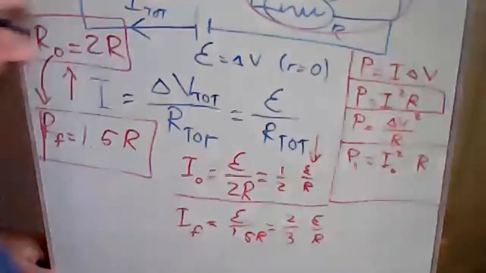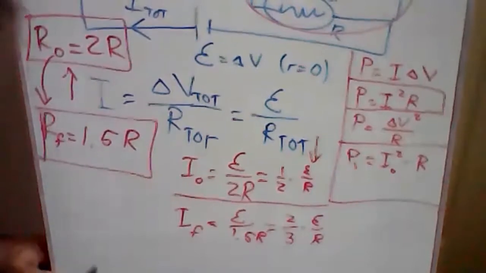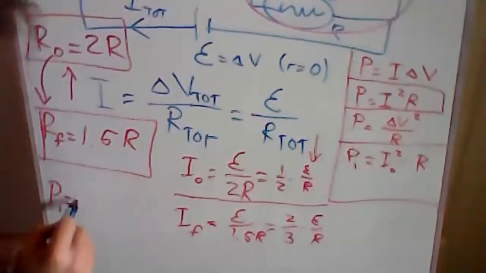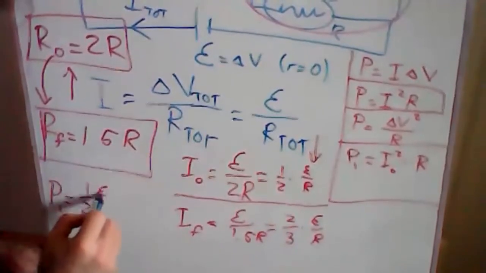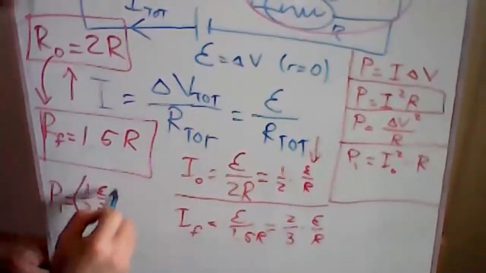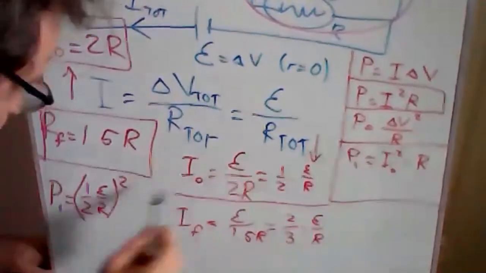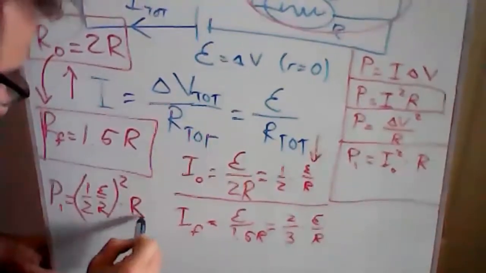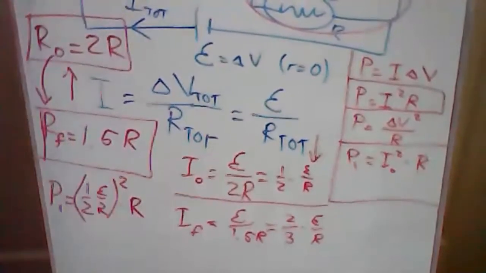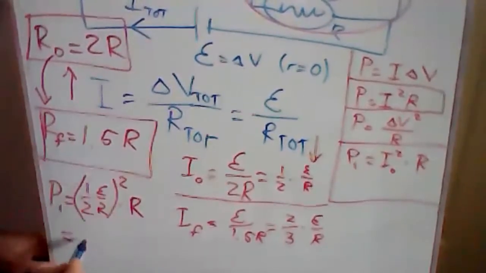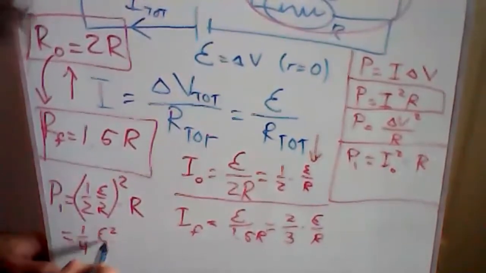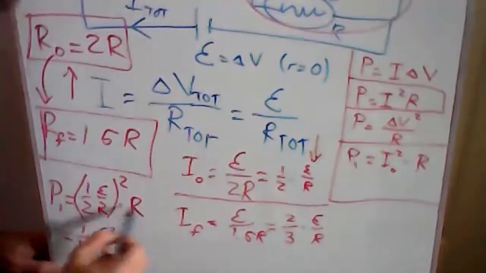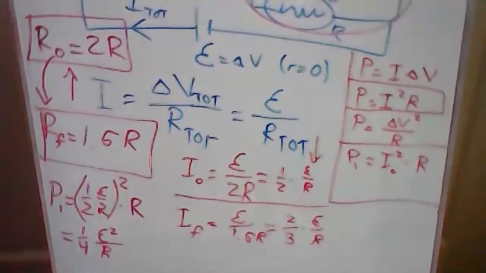So P1 is equal to I0 squared, so that would be 1/2 epsilon over R, squared, times R. Good. So P1 is equal to 1/4 epsilon squared divided by R. One of the R's is canceled. Good.